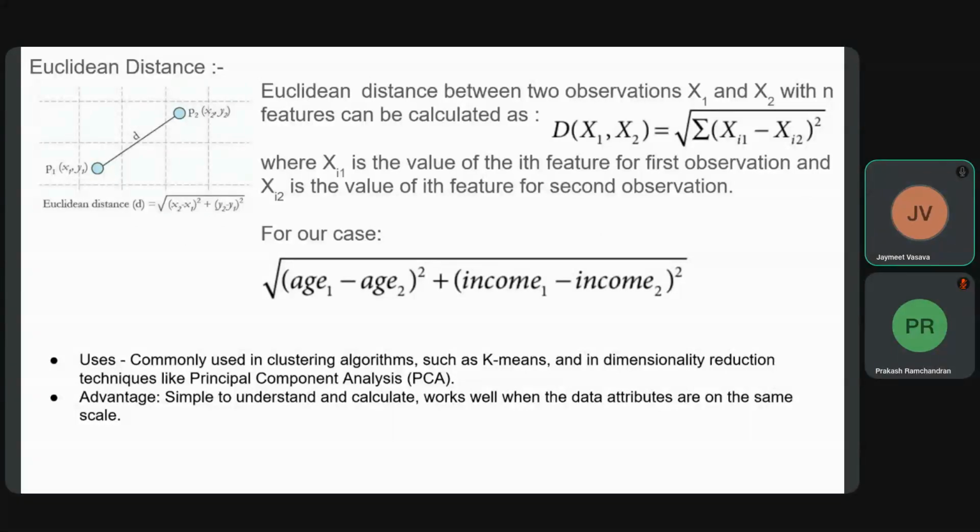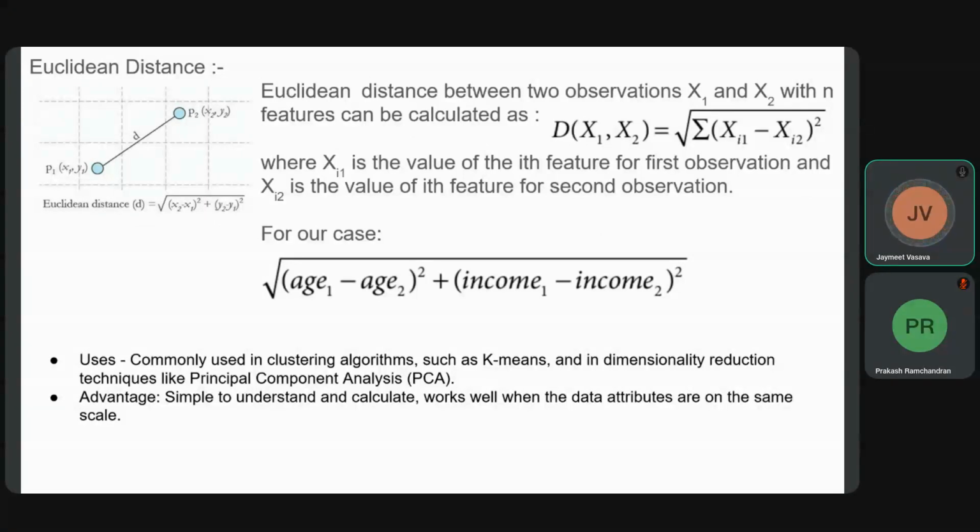In the same way for our data sets, the Euclidean distance between two observations, x1 and x2, with n features can be calculated as d(x1, x2) equals the square root of the summation of (xi1 minus xi2) whole square, where xi1 is the value of the ith feature for the first observation and xi2 is the ith feature for the second observation.